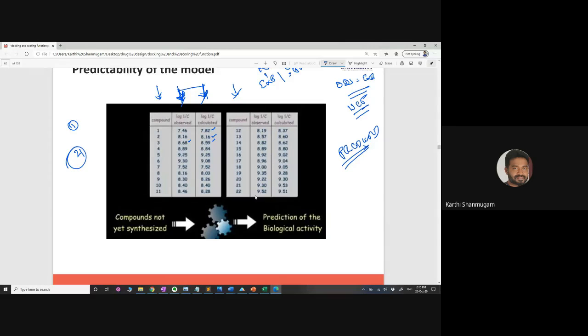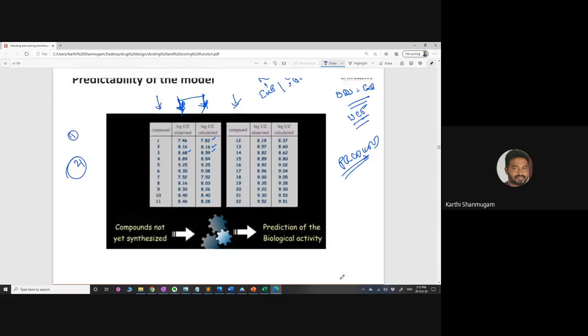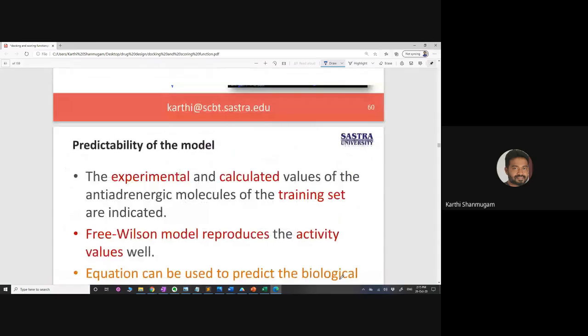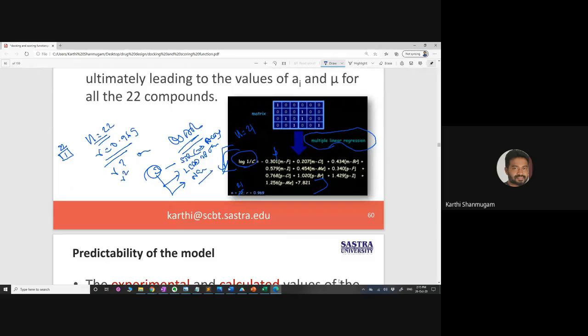If we compare all of the values, for the entire molecules in the data set, 22 compounds, the observed and calculated values are very comparable. Which means the equation he developed has very good predictive power.